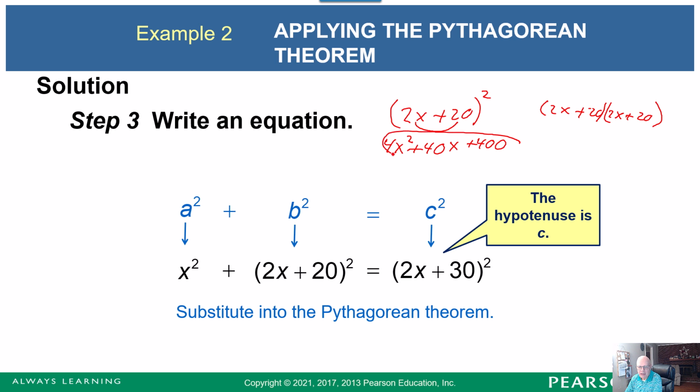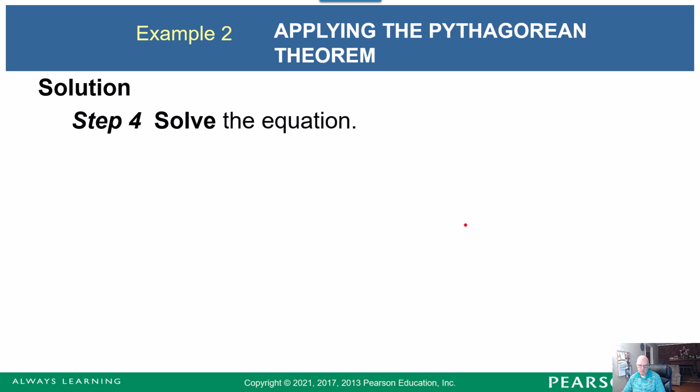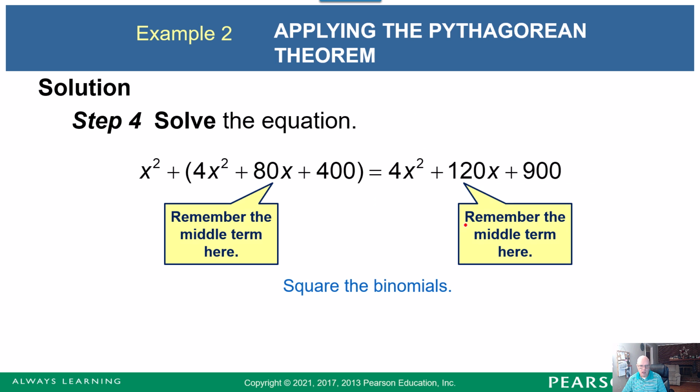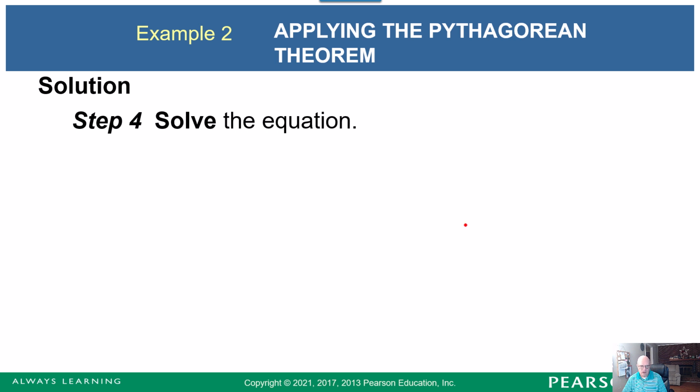And that will get you this part. Do a similar thing for the hypotenuse. So there are the three terms squared, and then go ahead and solve that equation.